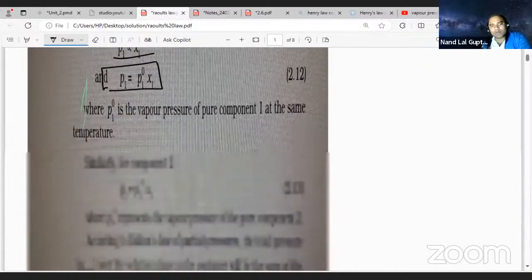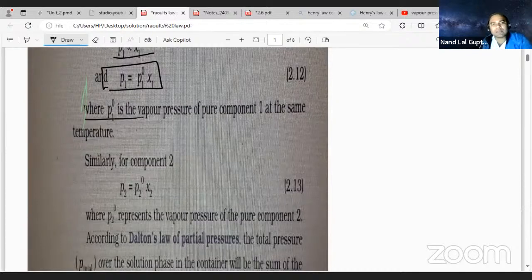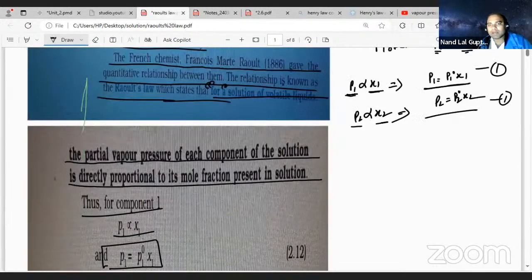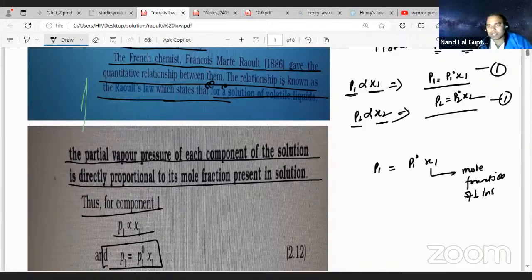Now go a little bit down. P1 not is the vapor pressure of pure component 1 at the same temperature. Pure component. See, two things are there here. In P1 is equal to P1 not x1, x1 is the mole fraction of component 1 in solution.